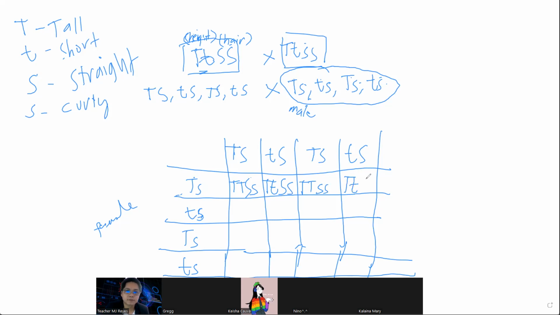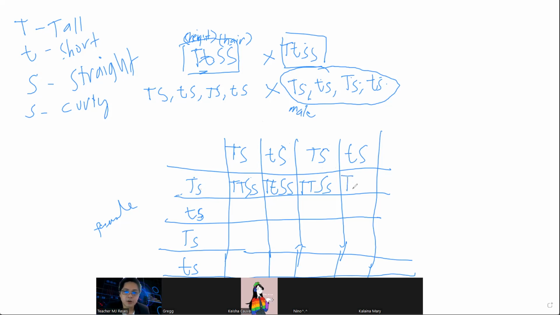We have also heterozygous tall with, okay, again. This is capital letters, by the way. Homozygous tall with capital letter S and small letter s. Heterozygous straight. How about in this one?